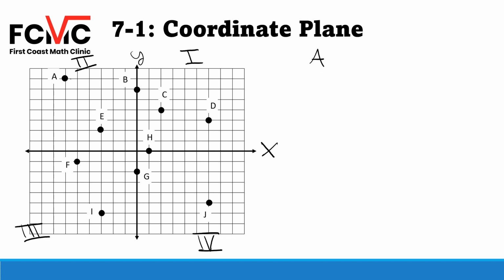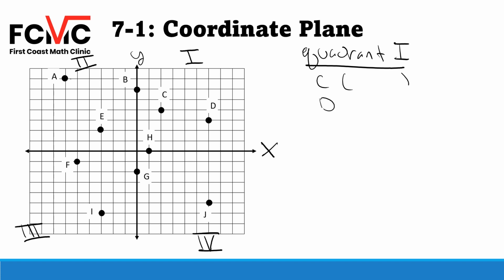So let's identify point A. Actually, let's start by breaking this up by quadrants, okay? So let's do quadrant 1. In quadrant 1, we've got points C and D, okay?